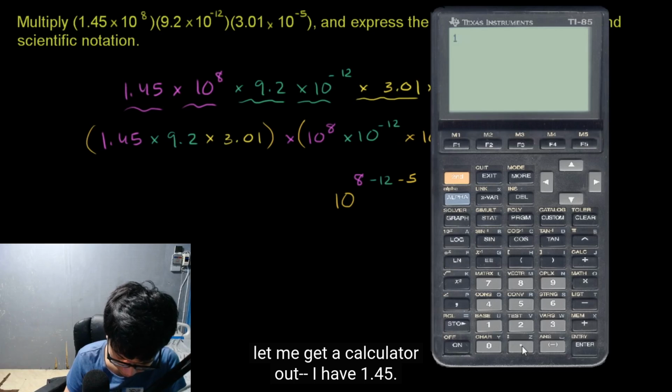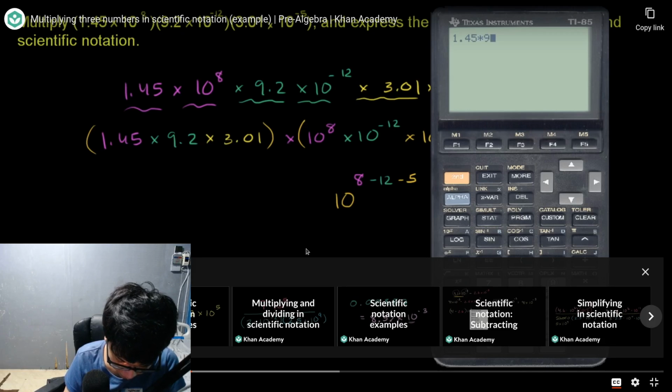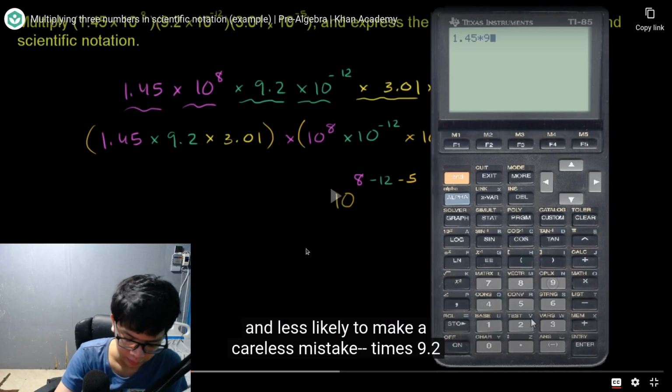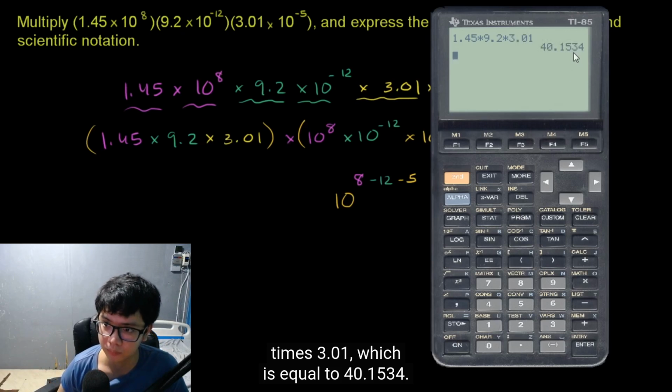I have 1.45, you could do it by hand, but this is a little bit faster and less likely to make a careless mistake, times 9.2 times 3.01, which is equal to 40.1534.